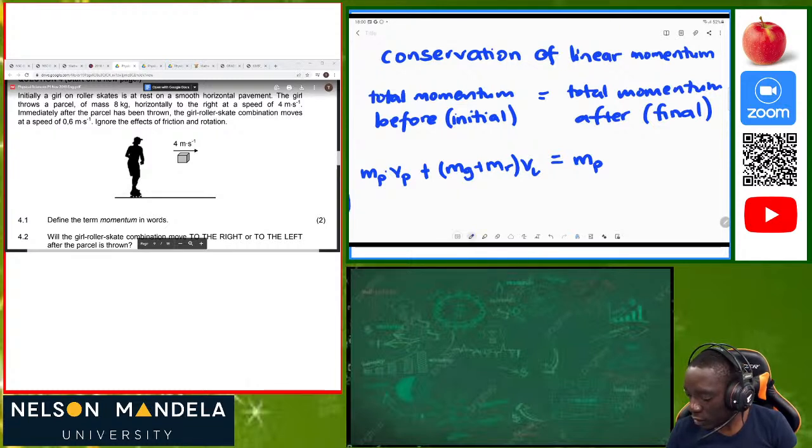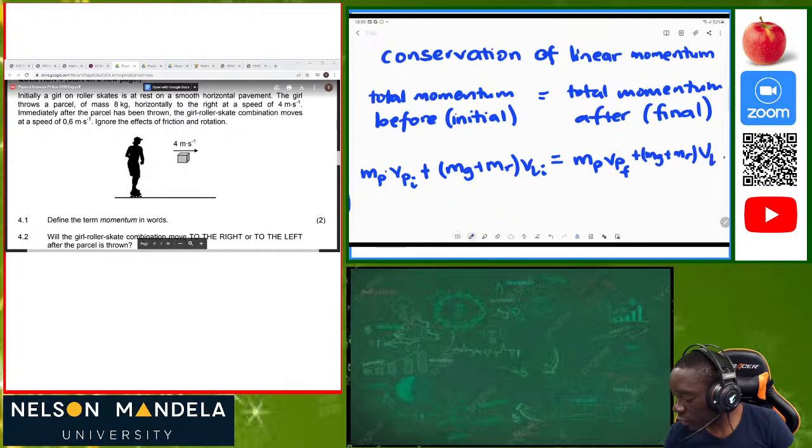So velocity initial times the velocity of the parcel final plus mass of girl and mass of the roller skates times the velocity of the two final.